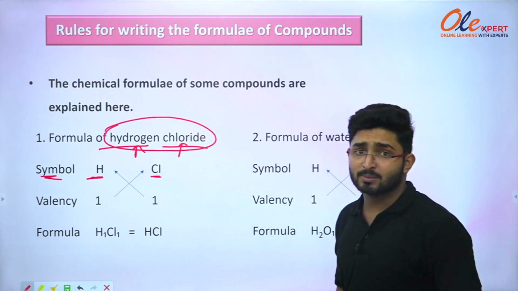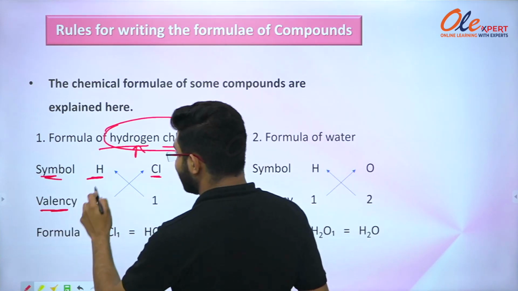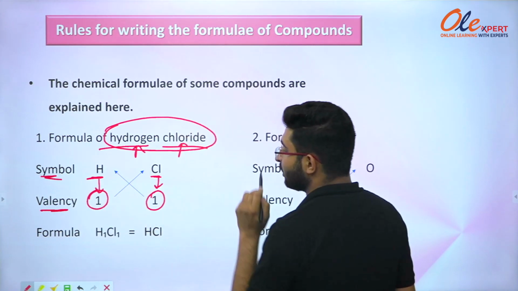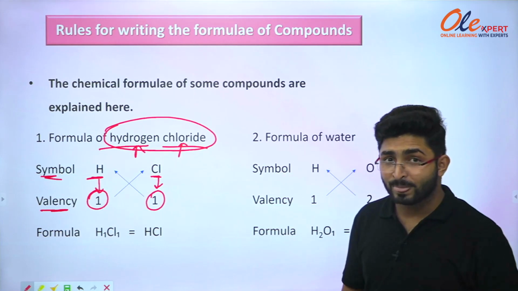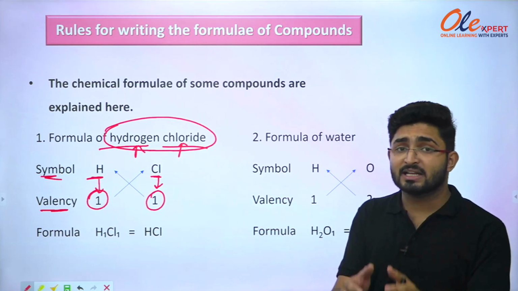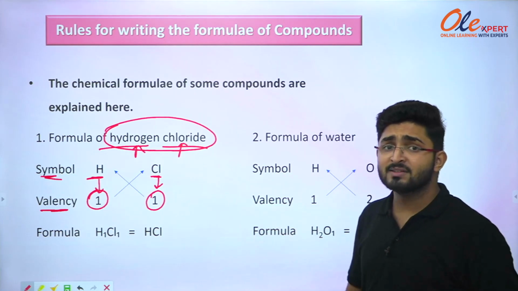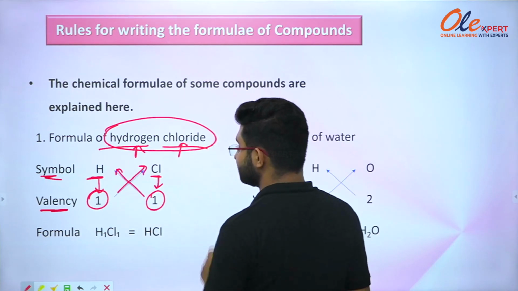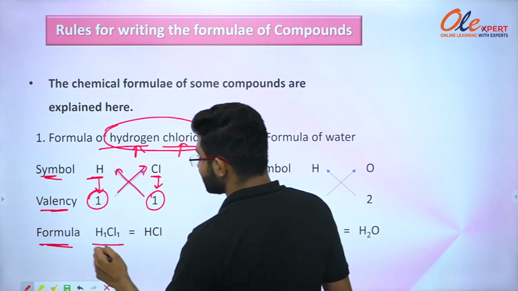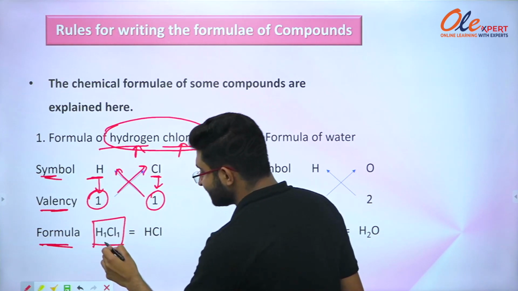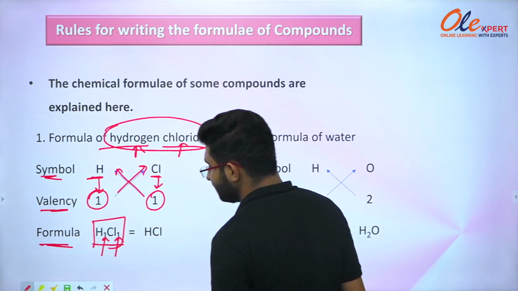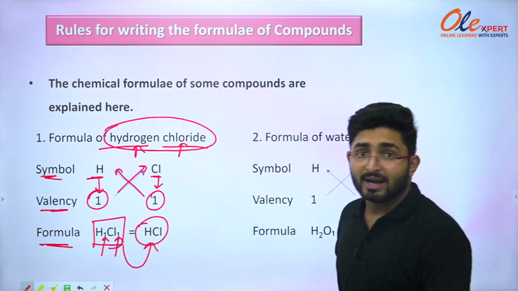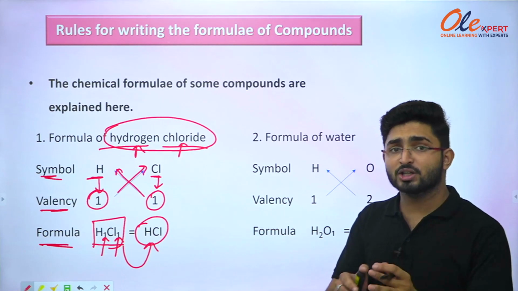After that, we write the valency of hydrogen, that is 1, and the valency of chlorine, that is also 1. Then we interchange the valencies between the atoms. After that, the formula becomes H1Cl1, and we can see that 1 is common here, so we write the formula simply as HCl, and this is the final formula of hydrogen chloride.